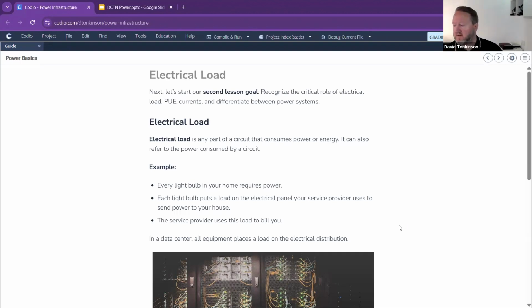And then we can move on to electrical loads and basics. And don't worry, we will be having a 15-minute break. I'm not gonna grind you into the ground here.